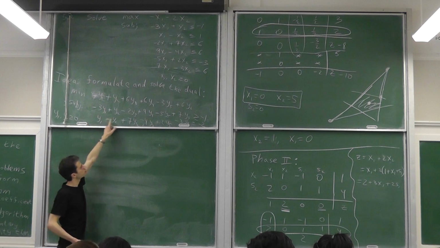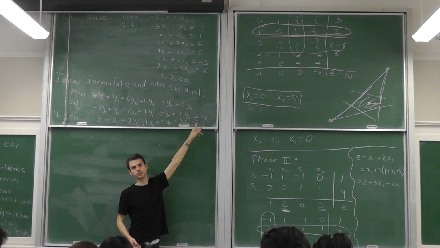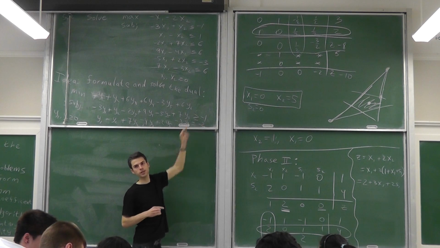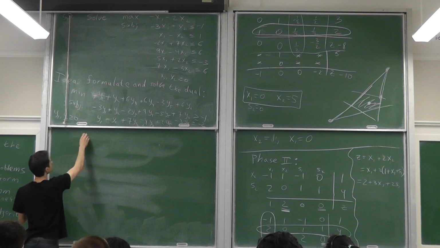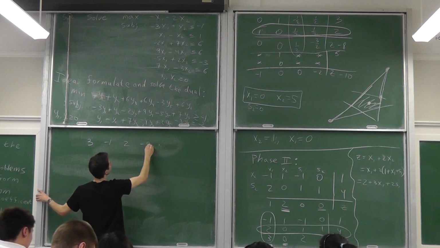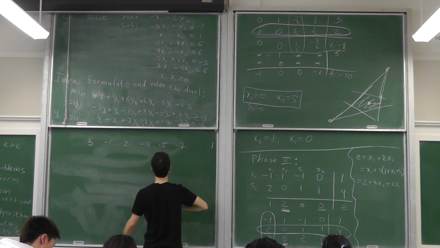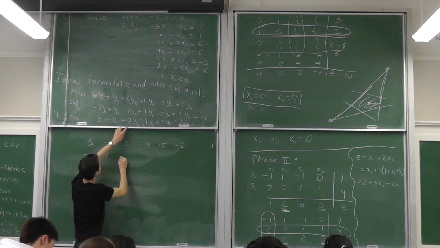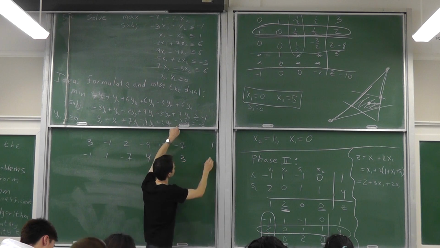So we have to convert this into standard form. Basically, multiply both constraints by -1, because I don't want the greater-or-equal sign. So copy these numbers, but with negative signs: 3, -1, 2, -9, 5, -7, 1. The second one will be -1, 1, -7, 4, -2, 3, 2.